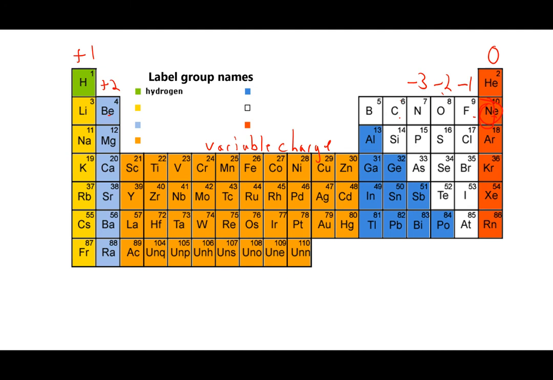And each group has its own name, which we are going to label now. This color right here, your printout may be in black and white, so you may not see the colors exactly. So this color right here, this is the alkali metals.